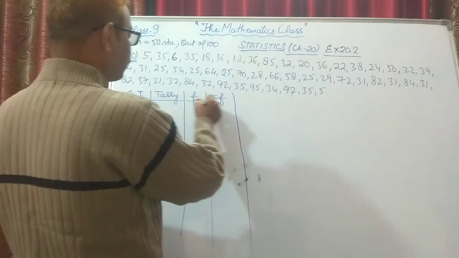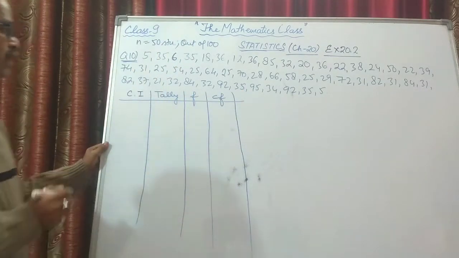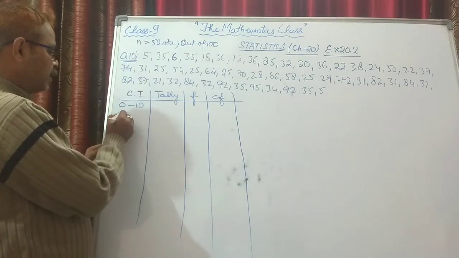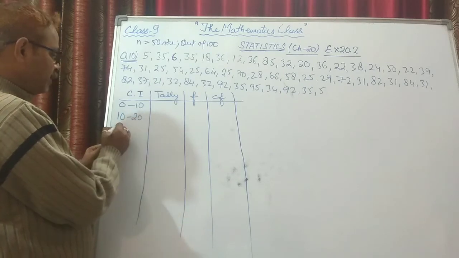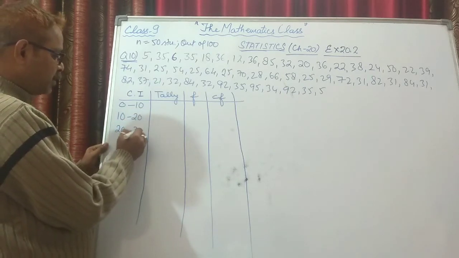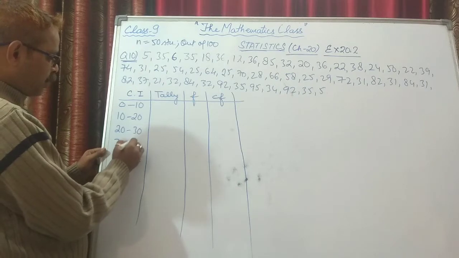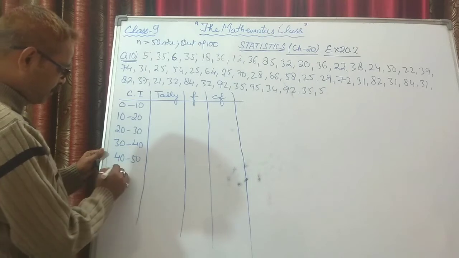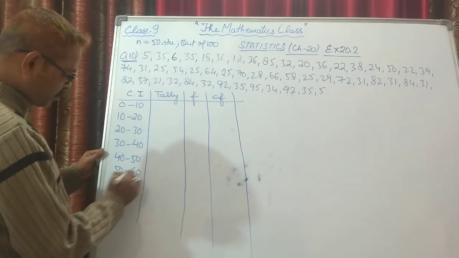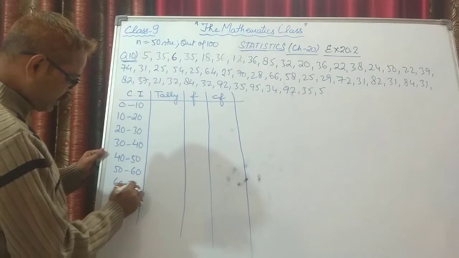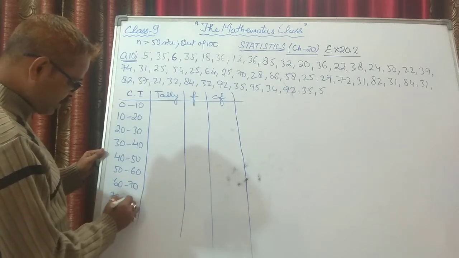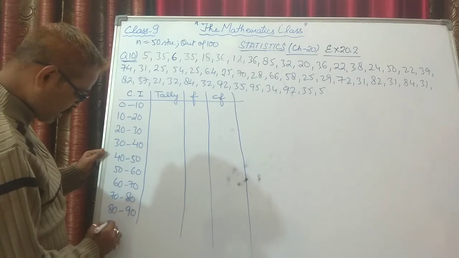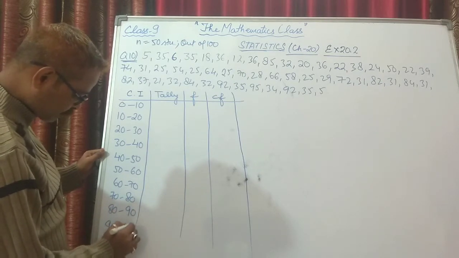So first of all we will make the class intervals. First will be 0 to 10, then 10 to 20, then 20 to 30, 30 to 40, 40 to 50, 50 to 60, 60 to 70, 70 to 80, 80 to 90 and 90 to 100.